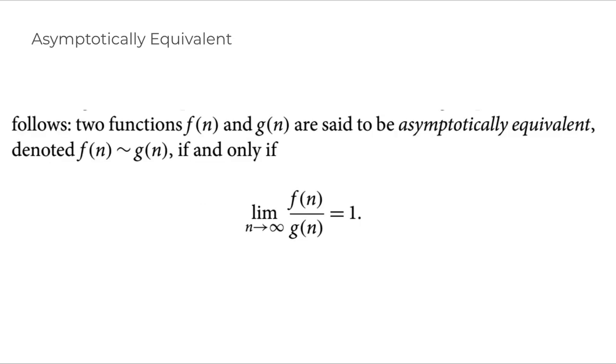Now we come back to the discussion we were having about the algorithms, where we are defining what asymptotically equivalent functions are. That just means that we are talking about the rate of growth of the functions f(n) and g(n). If when limit n tends to infinity both of them are the same, then they're called asymptotically equivalent.